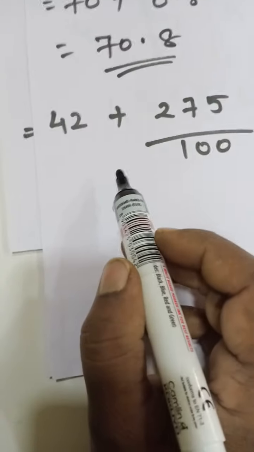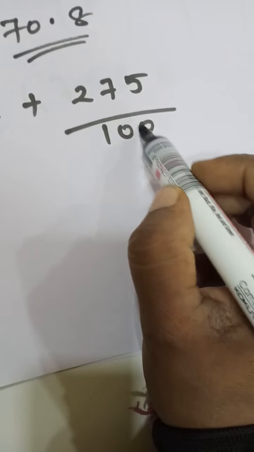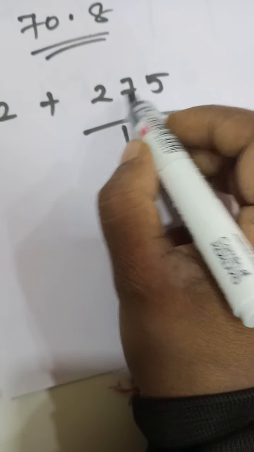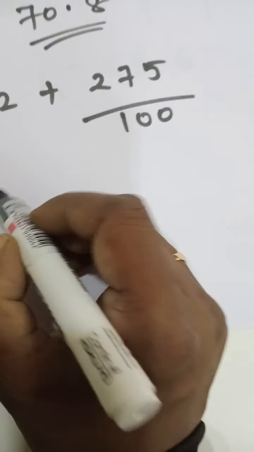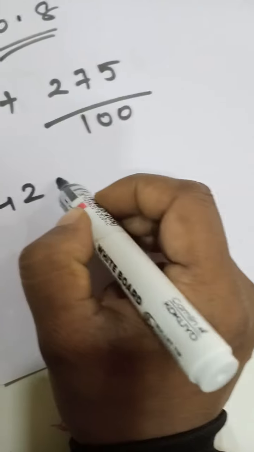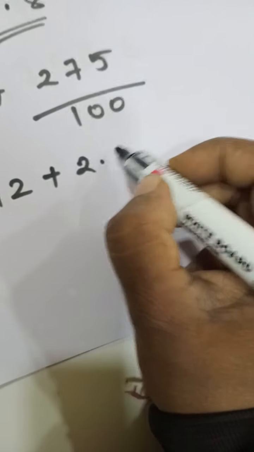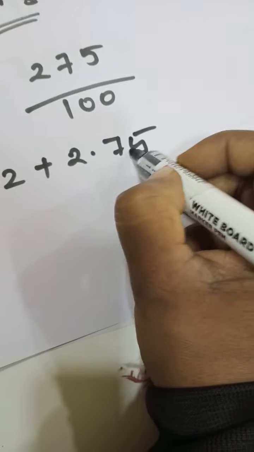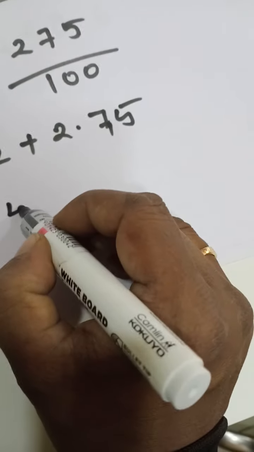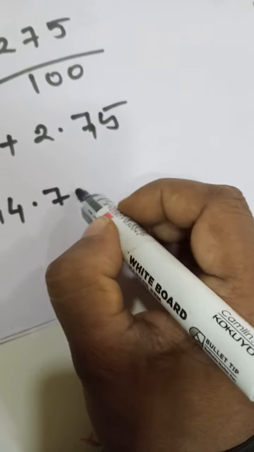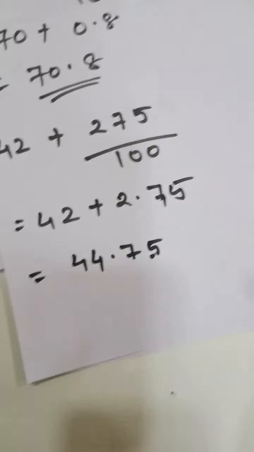If we take one more example, which is 42 plus 275 upon 100, how do you write this number? The decimal point will come after the number 2. So this can be written as 42 plus 2.75, and that is equal to 44.75. Clear?